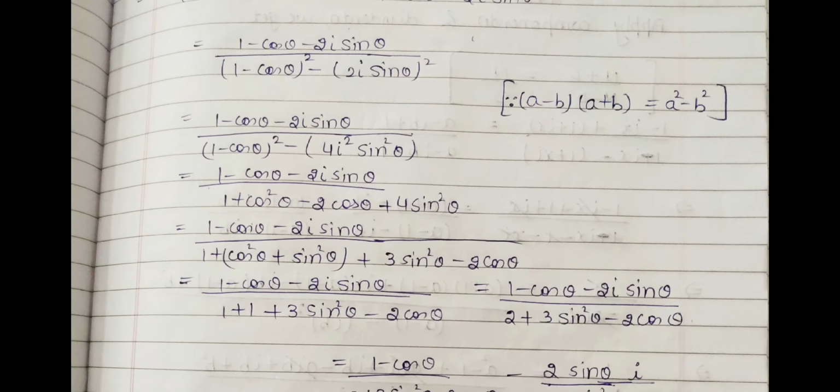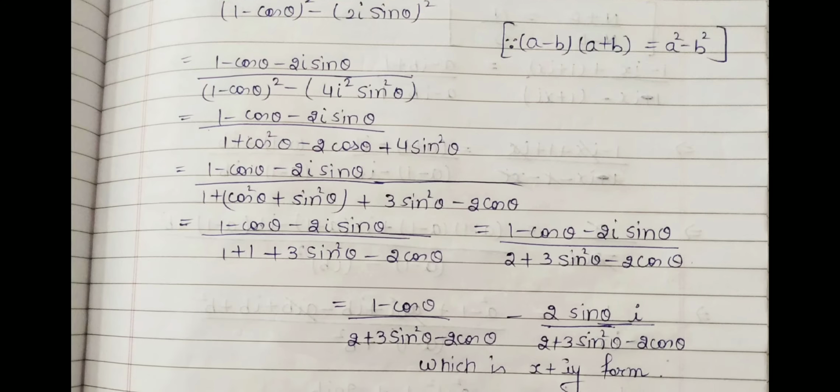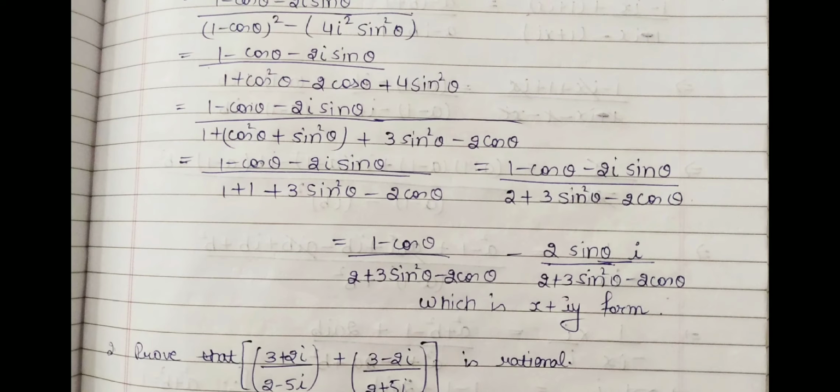After applying the formula, we have the denominator 1 plus cos square theta minus 2 cos theta plus 4 sin square theta. For 4 sin square theta, we can write sin square theta plus 3 times sin square theta. So we have 1 minus cos theta minus 2 iota sin theta upon 1 plus cos square theta plus sin square theta plus 3 times sin square theta minus 2 times cos theta.